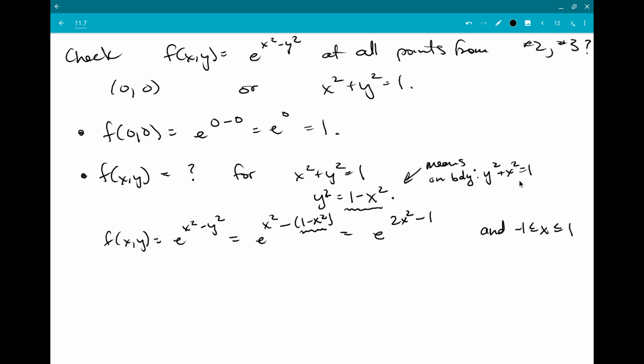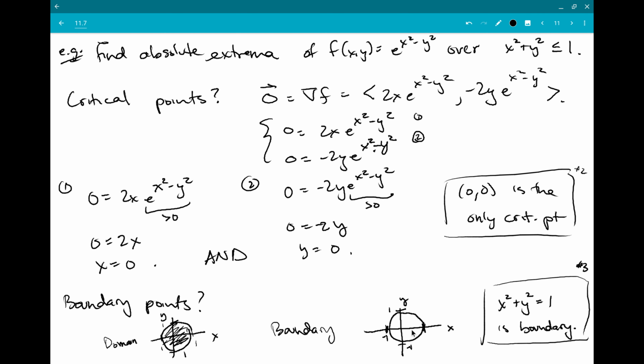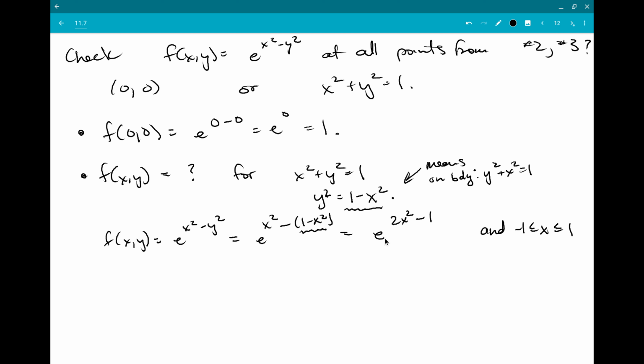So I already showed that I'm on x squared plus y squared equals 1. And if I live on that circle, then x has to fall between minus 1 and 1. And I just have to think about what happens to the function e to some power that depends on x as I move between minus 1 and 1.